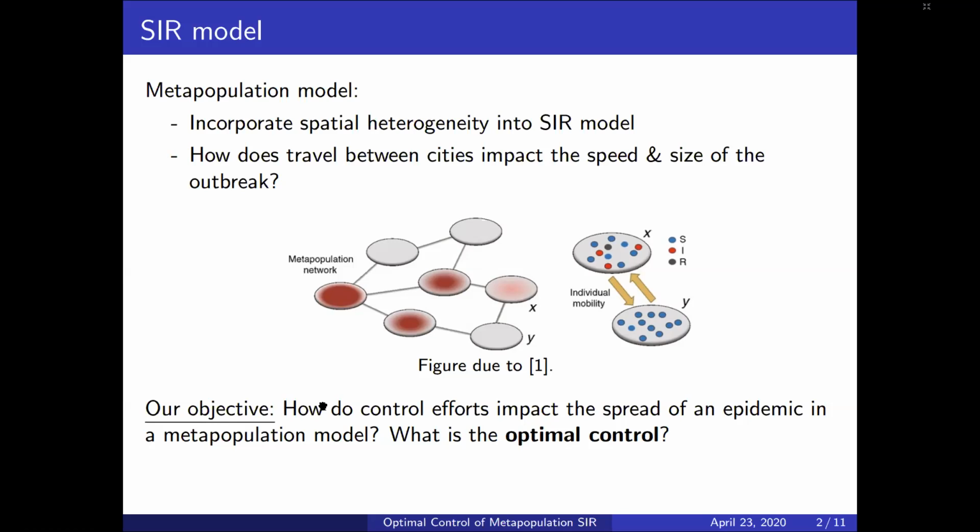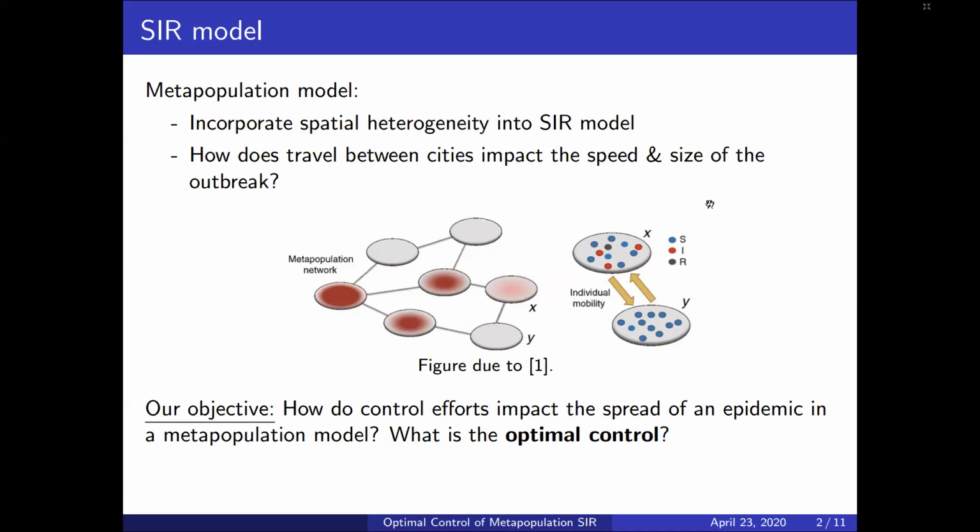So we kind of wanted to investigate that. Our objective is to look at how control efforts impact the spread of an epidemic in this metapopulation model. And we want to use simulations and analytical methods from optimal control theory to find the optimal control.